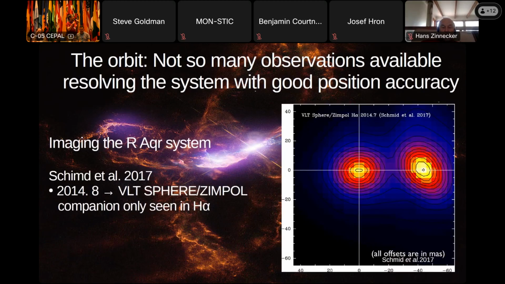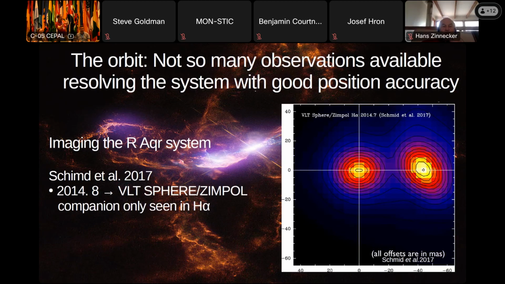So the first one that we used is this image obtained with VLT SPHERE SimpleP. The article was published by Schmidt in 2017 and corresponds to data taken in 2014. And we can see here the Mira AGB star, that in the rest of the slides will always be at 0, 0.